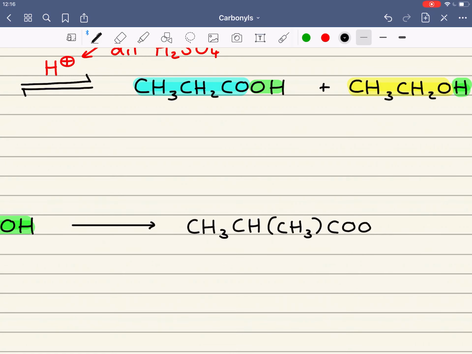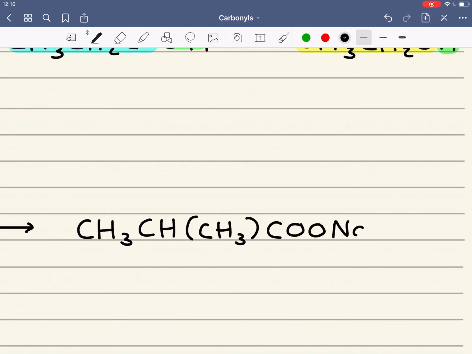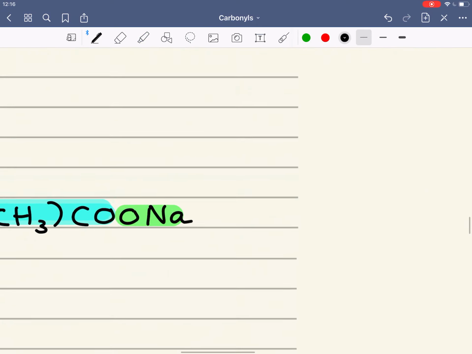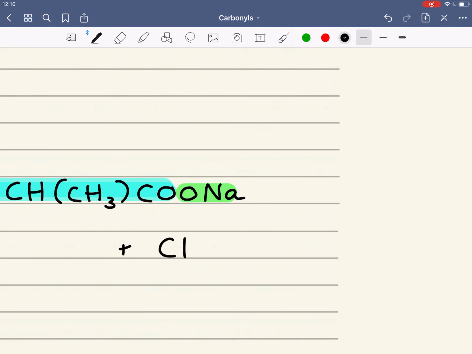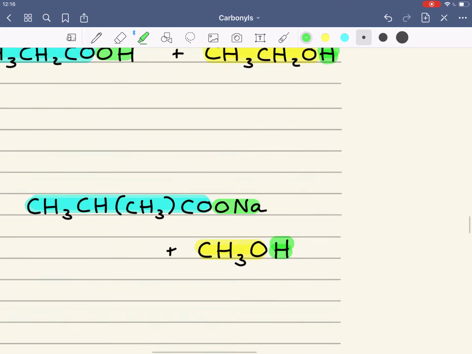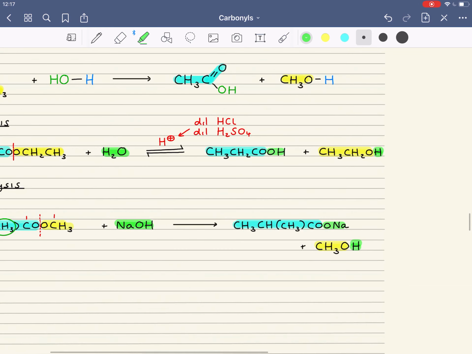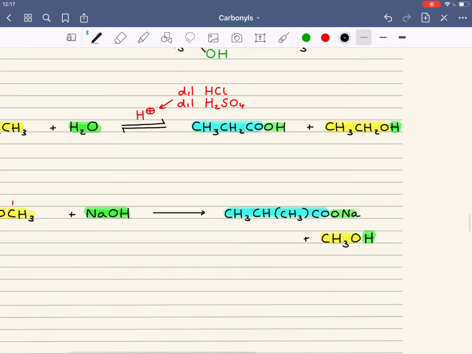So this now becomes ONa. So let's colour code this using the highlighter. So this is the bit that's come from the ester, and that has come from the sodium hydroxide. And I also form methanol. So this bit in yellow is what's come from the ester, and the green there is from the sodium hydroxide. So we can see here we get a sodium salt rather than a carboxylic acid.